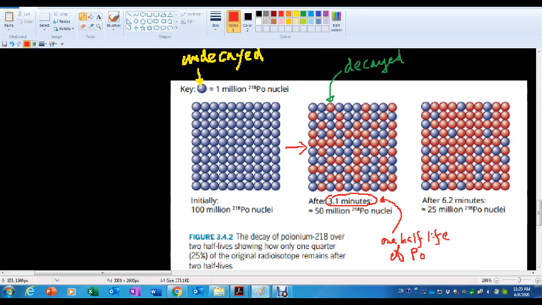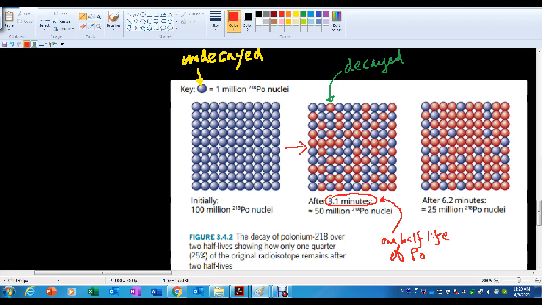Like we have said, the process is random. That means you don't know which one is going to be decayed, but you know some of them must be decayed after one half-life, and the percentage of decayed nuclides will be half of the total number in the sample.